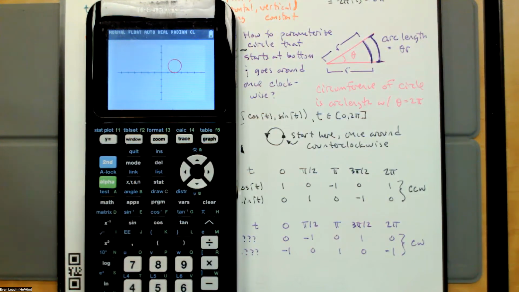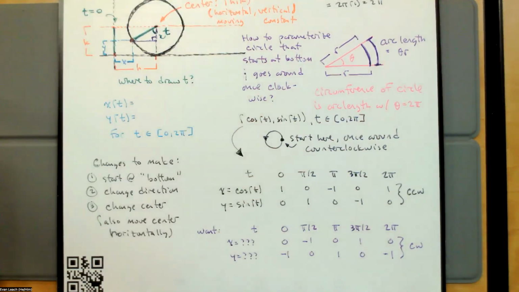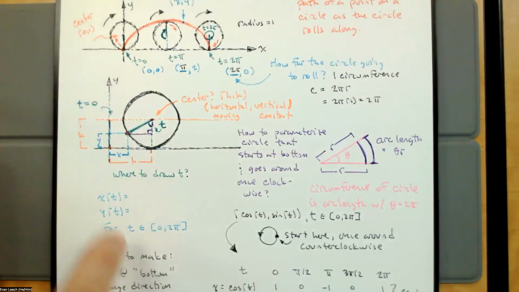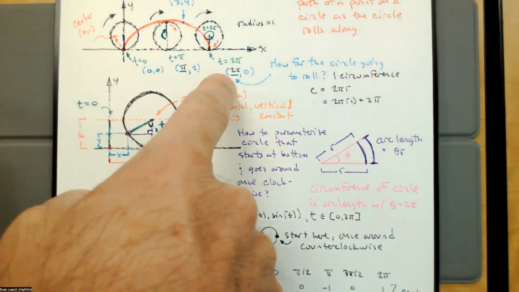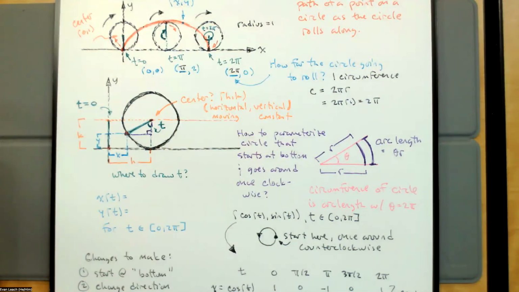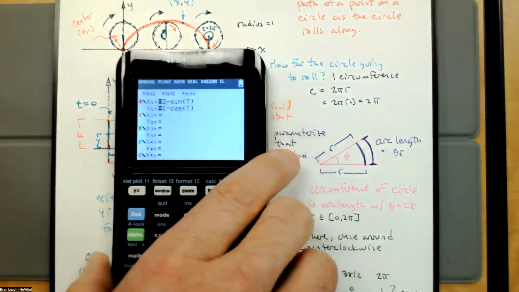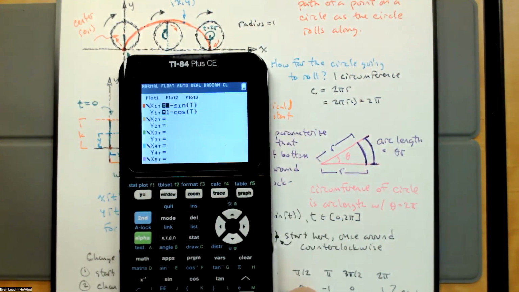What I want to have happen is I want the x coordinate of the center to start off at 0 and end up at 2 pi, because that's the circle rolling. I want to move the center of the circle the same value as the t. So instead of using a constant for the x coordinate of the center of the circle, I'm just going to use t.